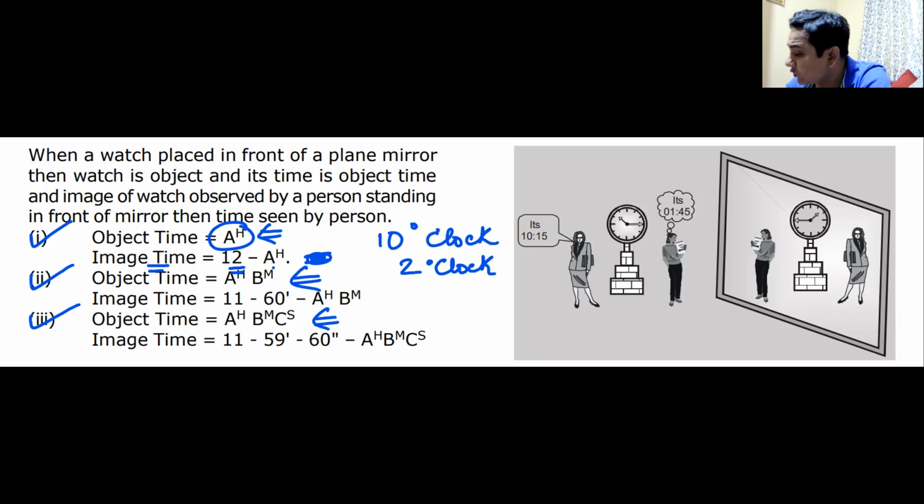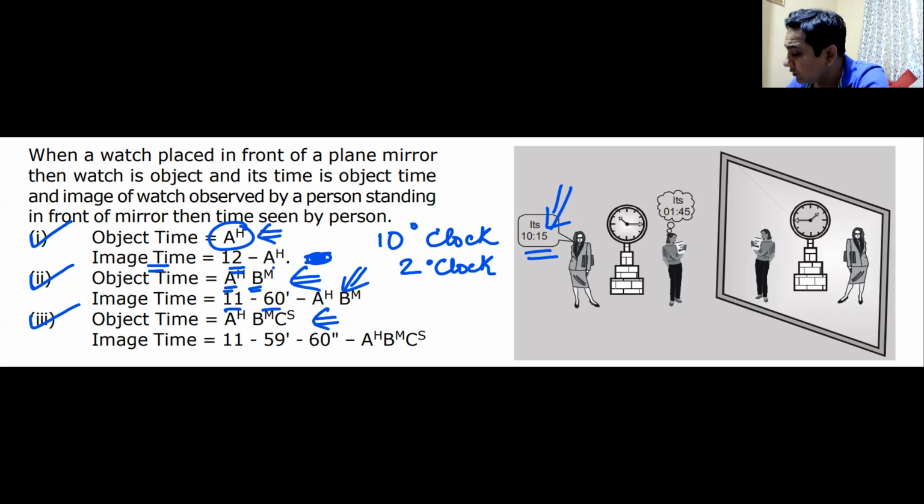Similarly, if the clock is showing, let us say, 10:15, so it has an hour hand as well as a minute hand. Then the correct time or the image time would be 11:60. So 11 hours 60 minutes, you will have to subtract the reading. For example, 10:15 is the original time.